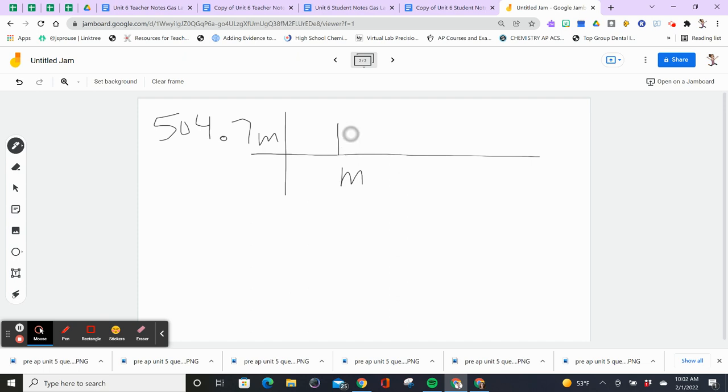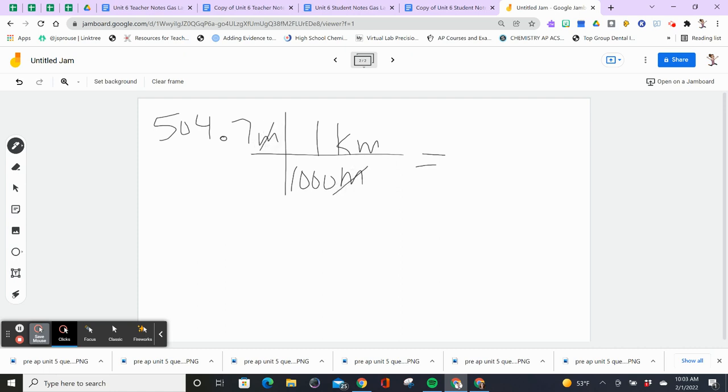We want to get kilometers, so that goes on the top. Which one is bigger, a kilometer or a meter? Obviously a kilometer is bigger, so kilo gets the 1, because the bigger unit gets the 1. And there are 1,000 meters in 1 kilometer. That's an easy way to keep straight where the 1,000 goes and where the 1 goes.